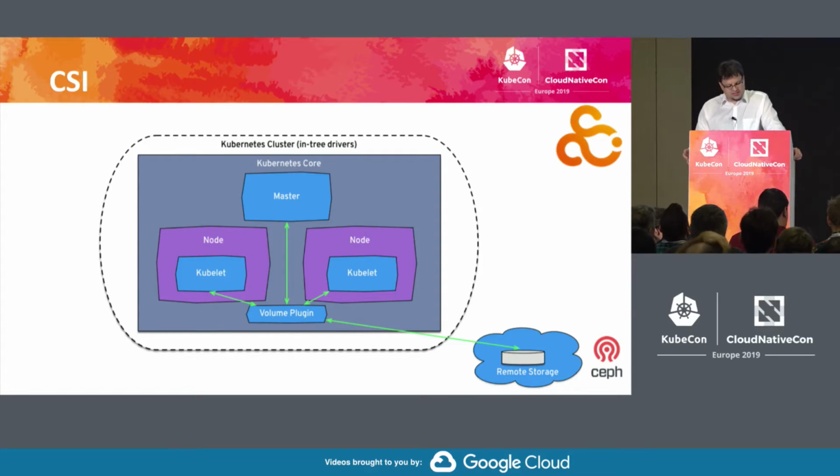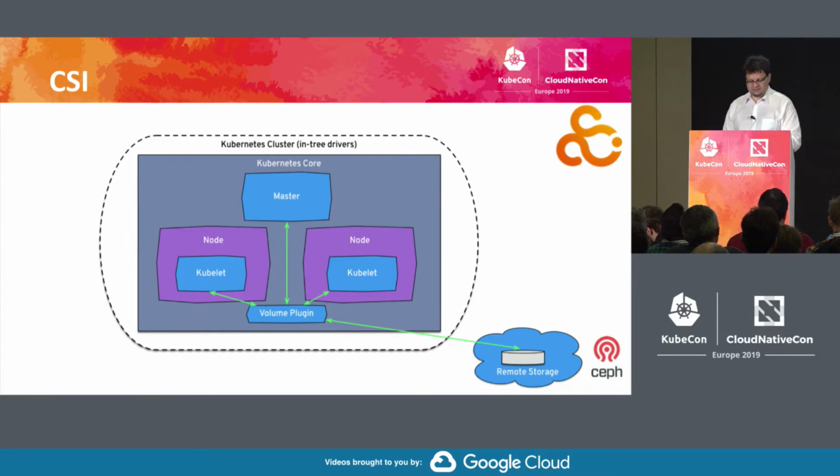In-tree plugins enabled dynamic provisioning of user volumes. Volume drivers conveniently attach pods to storage automatically, regardless of which nodes are actually hosting the pods, all the while providing sufficient abstraction to enable this workload portability that we're going after.